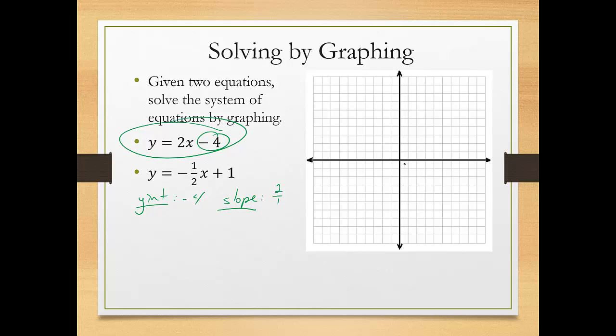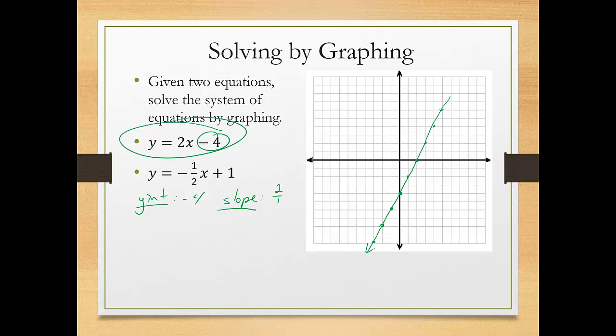So from the origin, you're going to go down 4 because our y-intercept is -4. So 1, 2, 3, 4. And then our slope is +2 over 1, so we're going to rise 2 and run to the right 1. Up 2, right 1. Up 2, right 1. And our line is approximately right there.